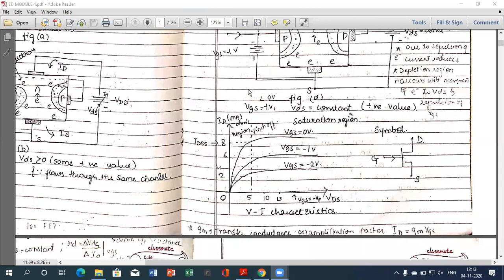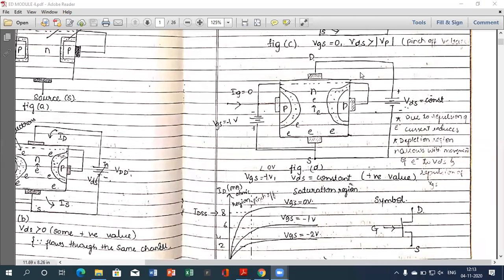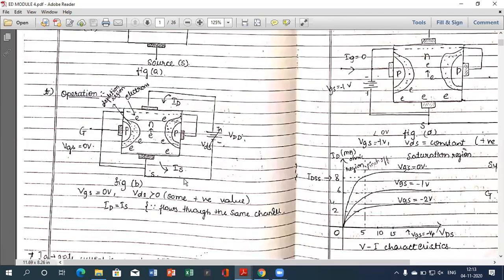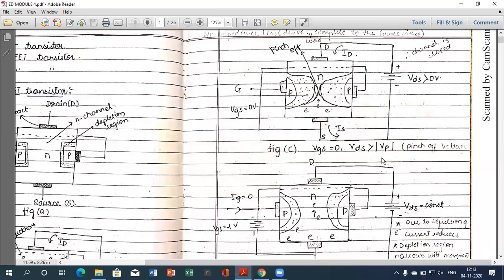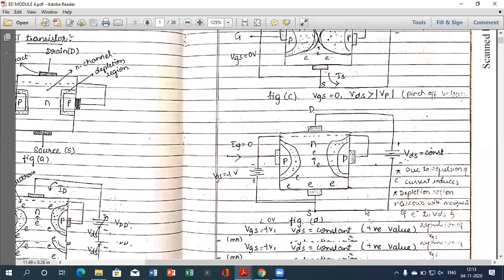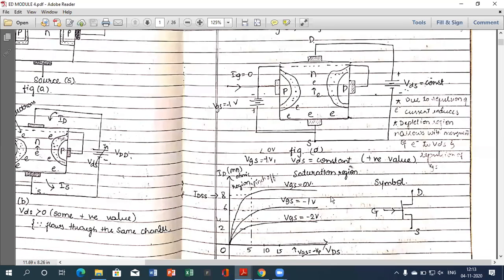Okay, fine. So now this we are going to discuss in the next class because I have only 2 minutes left. I hope you guys understood the operation using figure B and figure C. We will discuss this figure D and these characteristics in the next class.